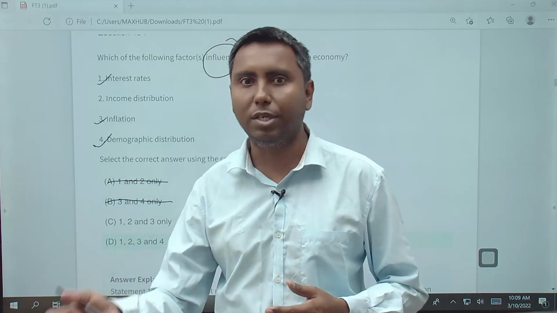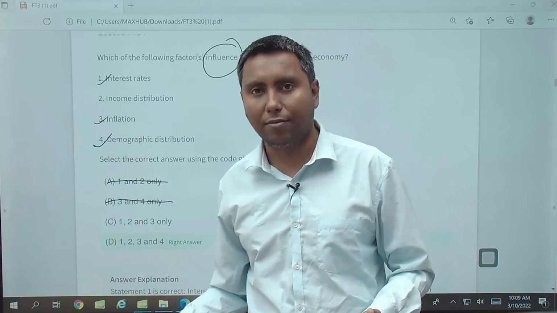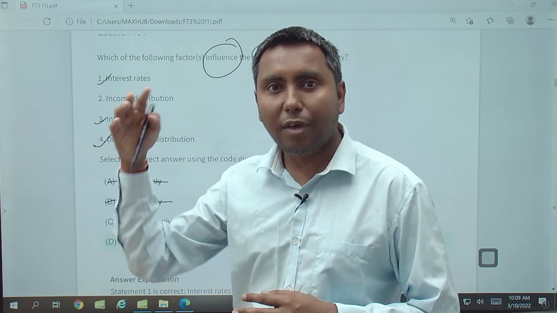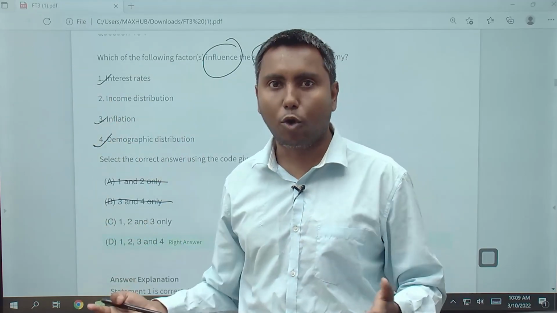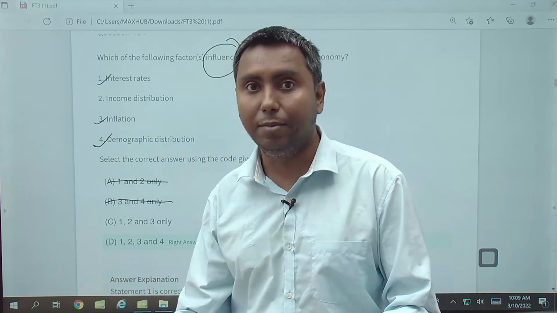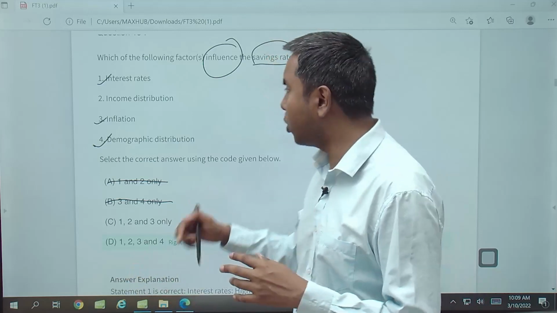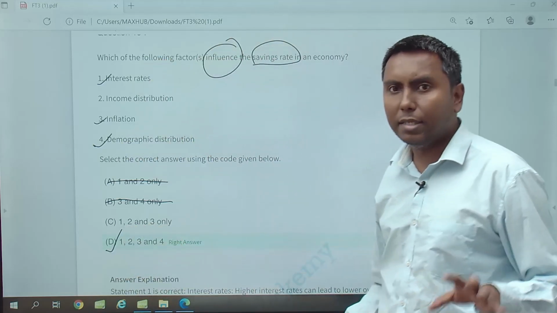They have their own education, then they will marry, they will spend on buying a home, children's education and all kinds of things. But on the other hand, if elder people get some more money, then their saving will increase because they do not have much responsibility to fulfill. So 4 is also correct. 1, 2, 3, 4 is the correct answer.